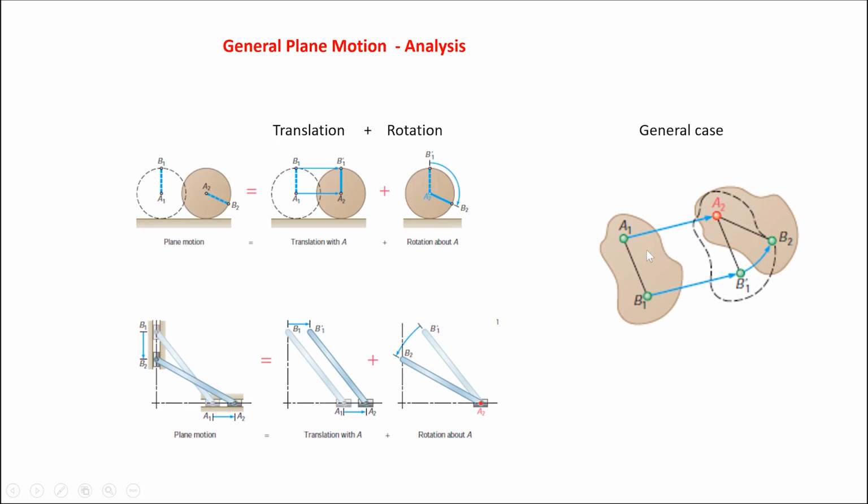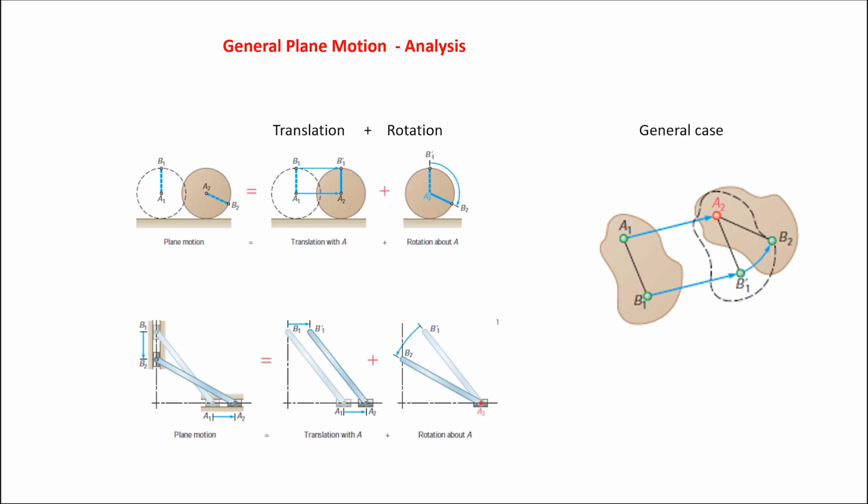If you take some other location for A1, obviously its translational components will change. However, the orientation, the delta theta of any line, is the same. This is the interesting point. Of course, you can realize that the translational components are of a point, whereas the rotation is of a line.